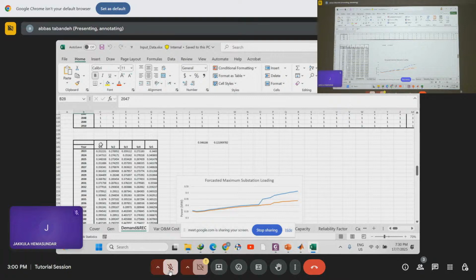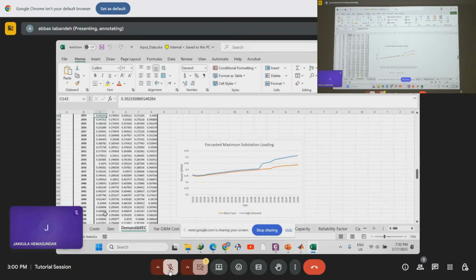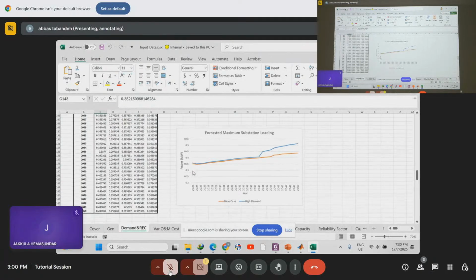However, we will consider the first scenario in this example. As you can see, the multiplier is increasing, and it shows the load growth, the trend of the load for the existing substation.